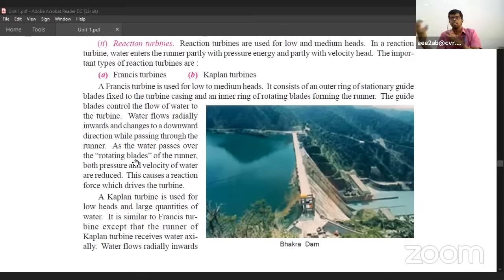Water hits the rotating turbine initially here, and then it also goes to the downward part. This is the Francis turbine. Here, this causes the reaction force which drives the turbine.